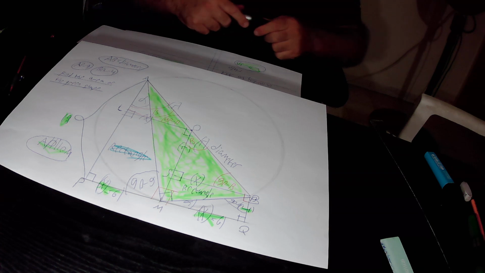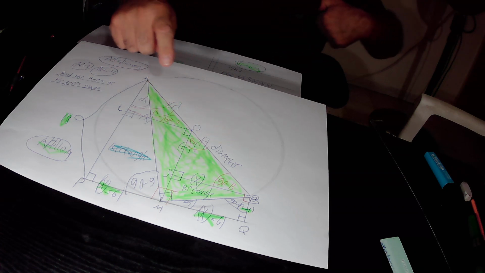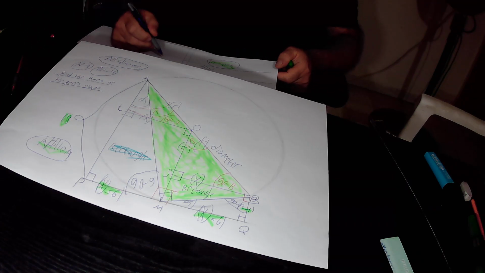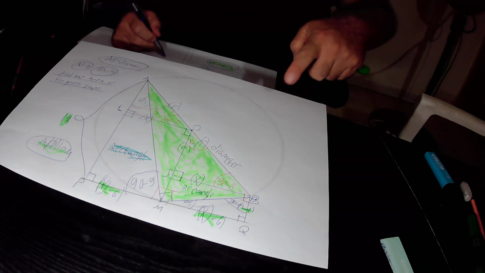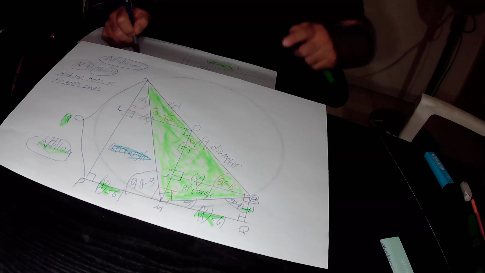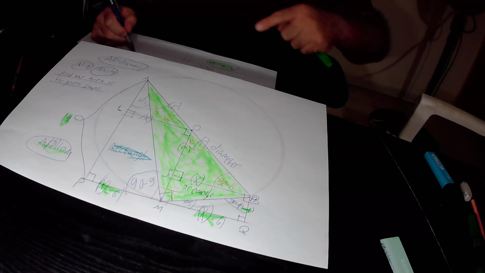So in this small right triangle BMQ, according to the Pythagoras theorem, BM squared, that is the square of the hypotenuse, is equal to BQ squared plus MQ squared.